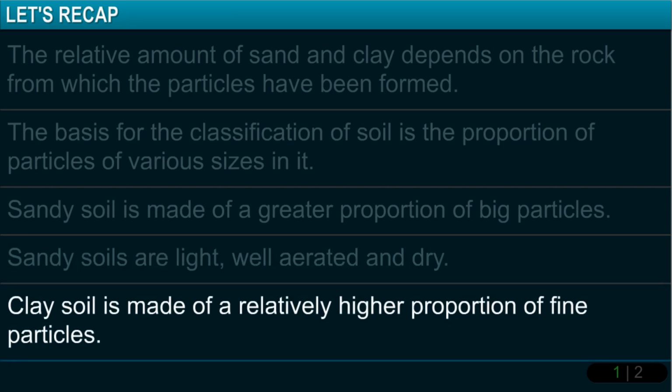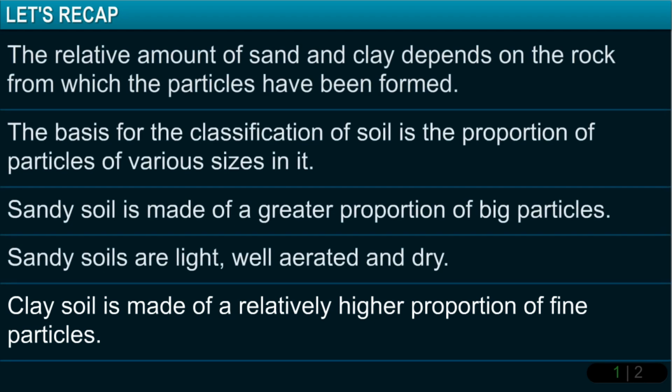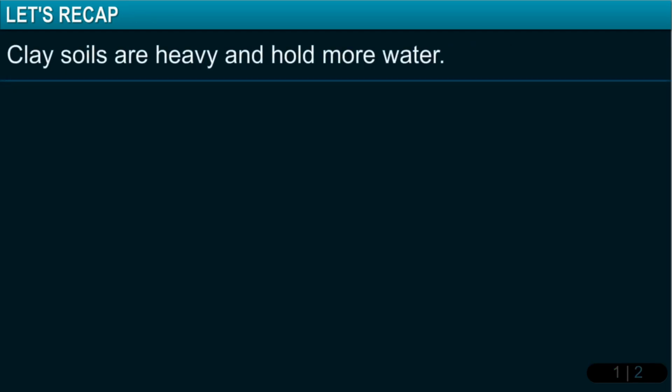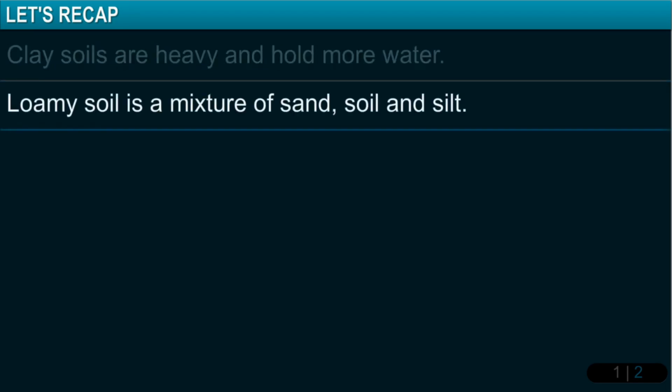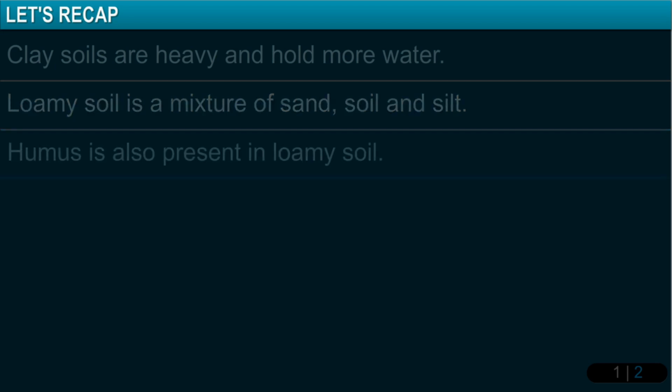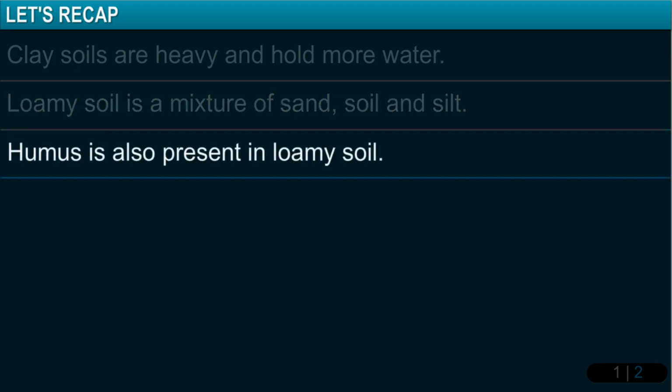Clay soil is made of a relatively higher proportion of fine particles. Clay soils are heavy and hold more water. Loamy soil is a mixture of sand, clay and silt. Humus is also present in loamy soil.